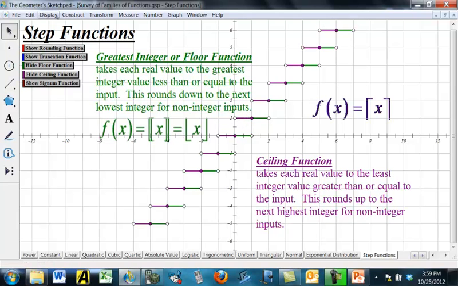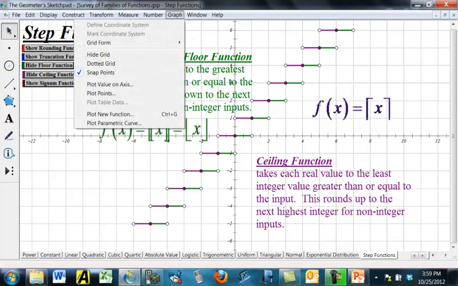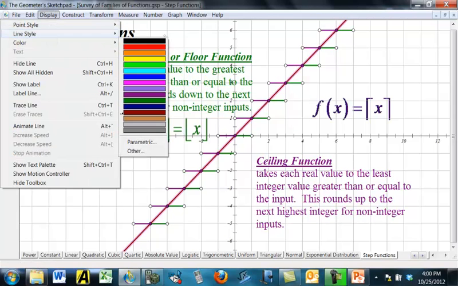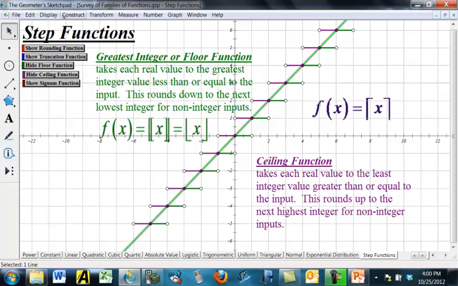Of course, if I also graph, let me do this. That's the line y equals x. We'll make it orange. Okay, so this is the line y equals x, which is also known as the identity function.